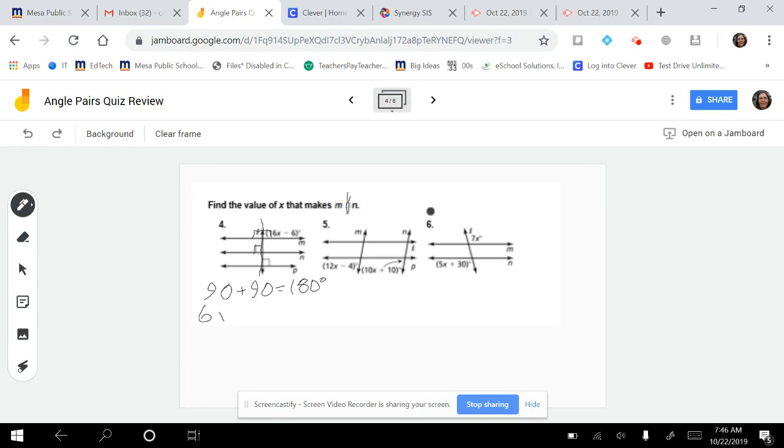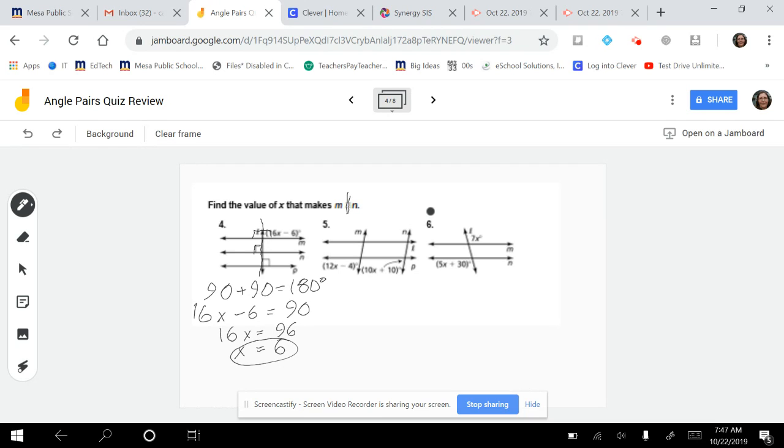So I'm going to go 6x minus 6 is equal to 90. Add 6 to each side. And then I divide 96 by 6. Oh, that's 16.